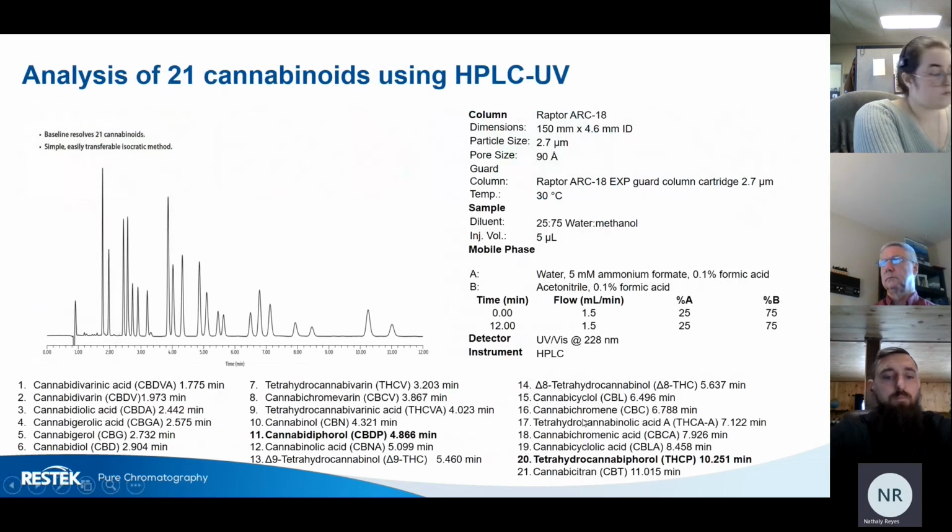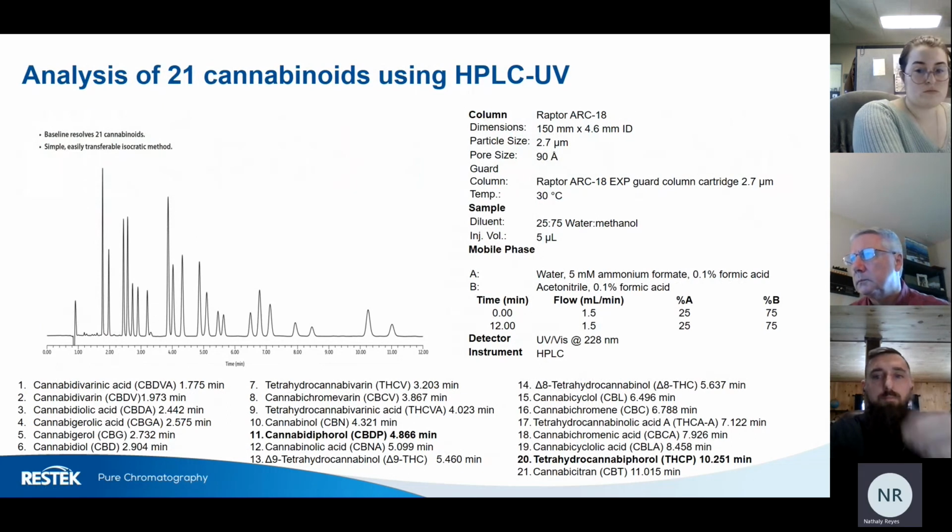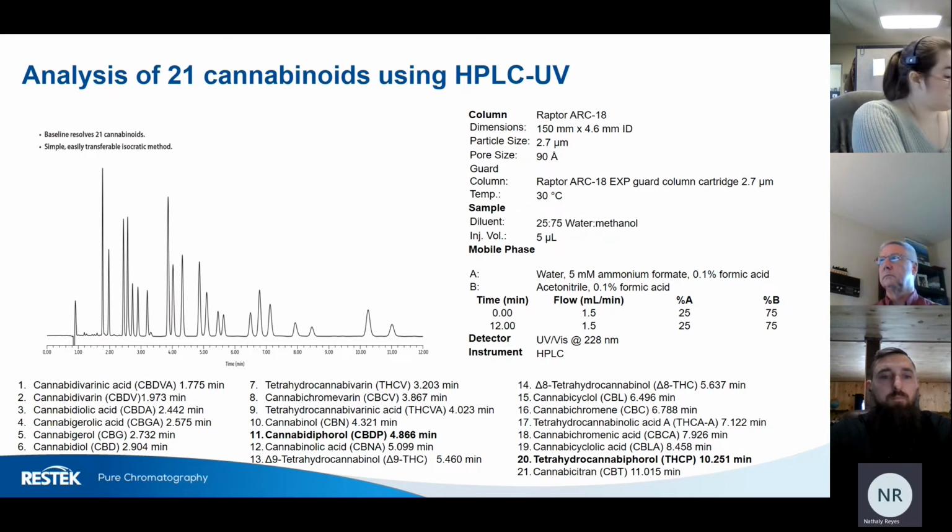Now, using HPLC-UV is a very reliable approach, but it is important to have appropriate LC gradient conditions to be able to resolve multiple cannabinoids. The method we developed allows for the separation of 21 different cannabinoids under isocratic conditions. And we even included other newer cannabinoids that have been recently tested, such as CBDP and THCP.